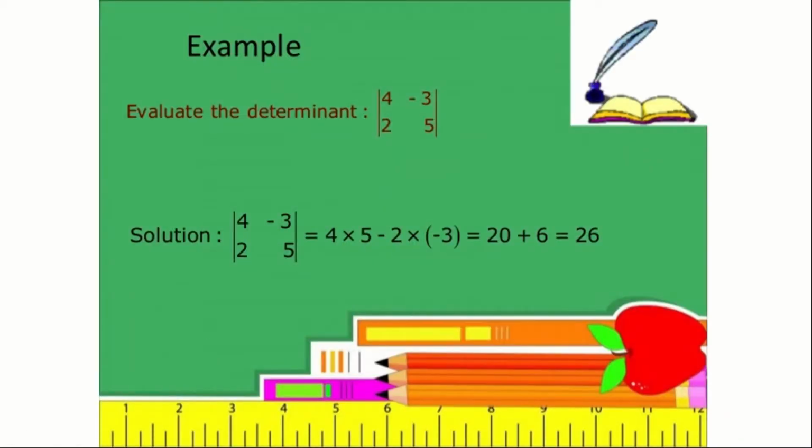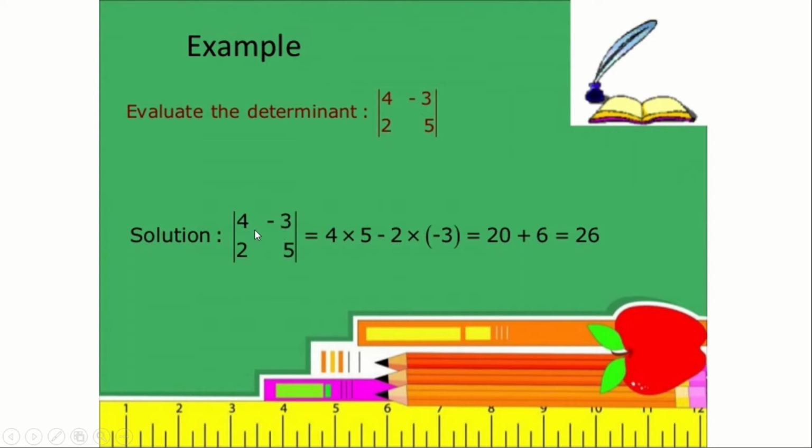Moving on to an example problem so that you can understand how to do the problems clearly. Evaluate the determinant 4, minus 3, 2, 5. In order to find the determinant, we have to multiply the diagonal elements and then subtract. So 4 into 5 minus 2 into minus 3.